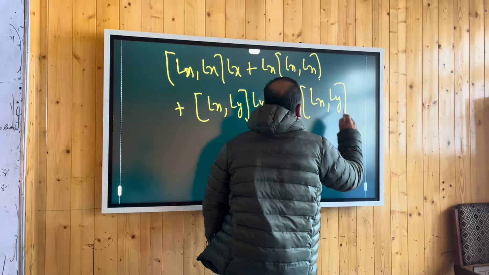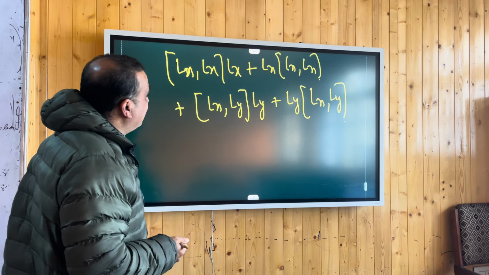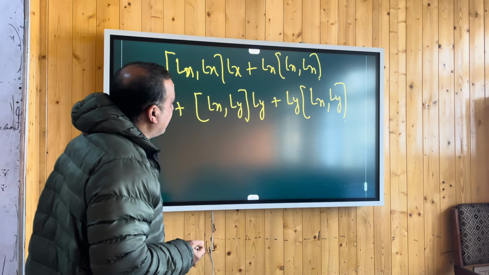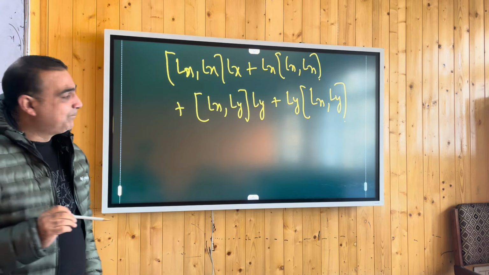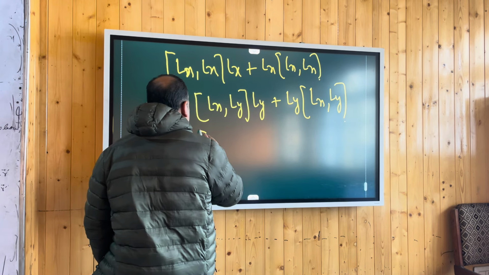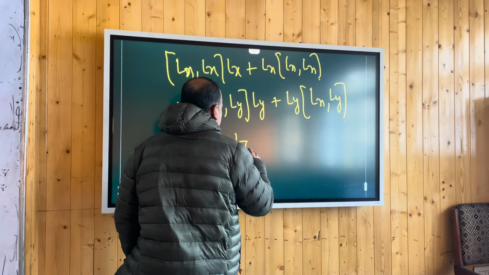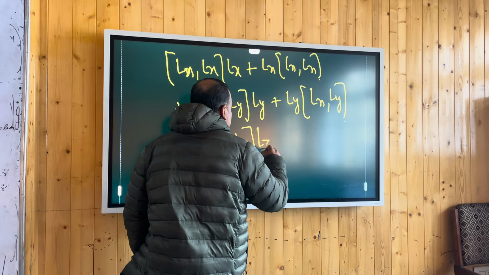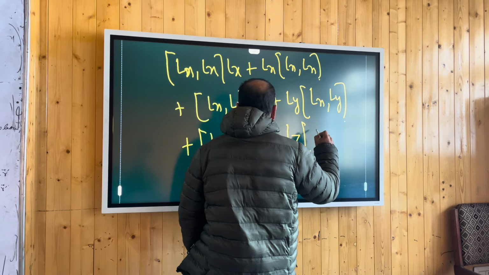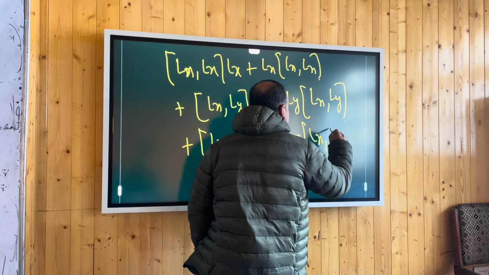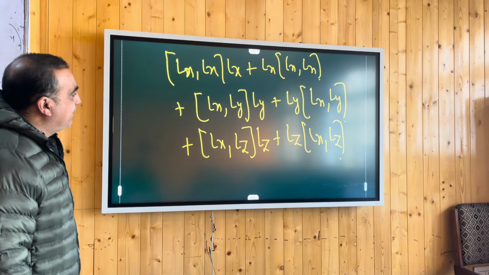Am I right? I don't know whether I'm doing it right or wrong, but let us see how we reach some results. The third one is [Lx, Lz] Lz plus Lz [Lx, Lz].